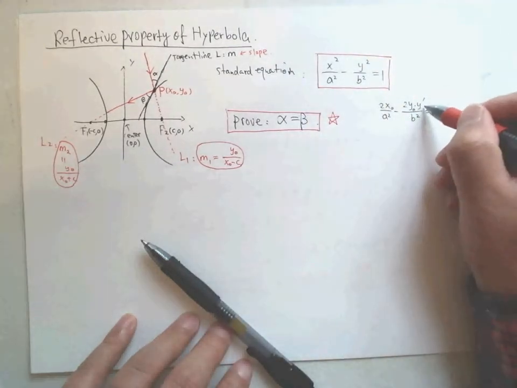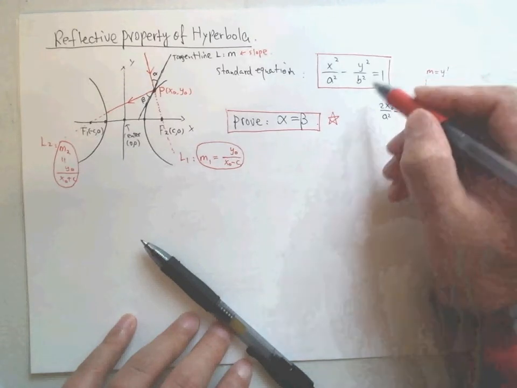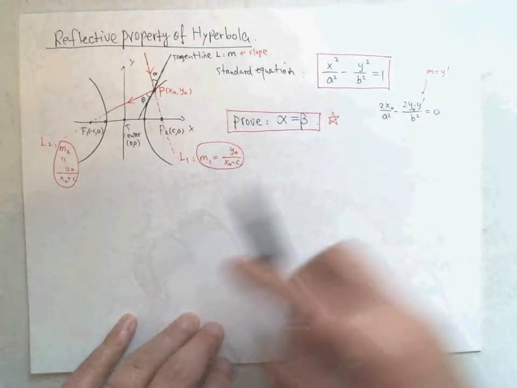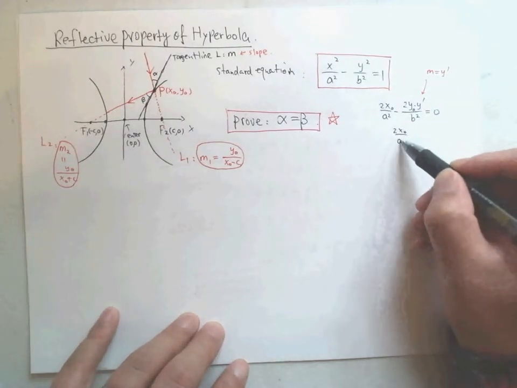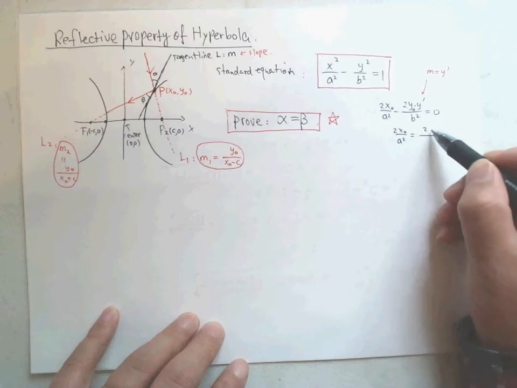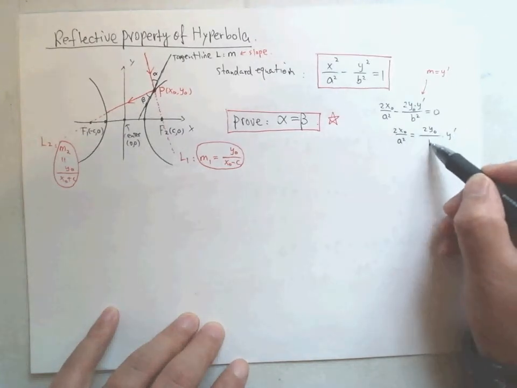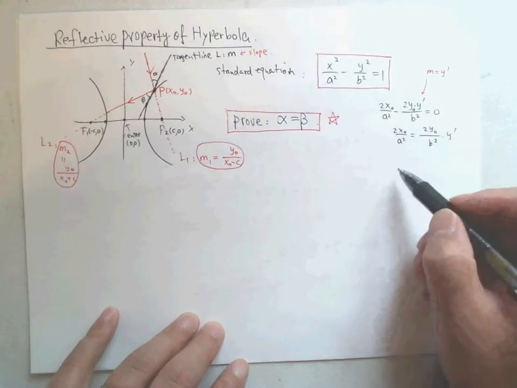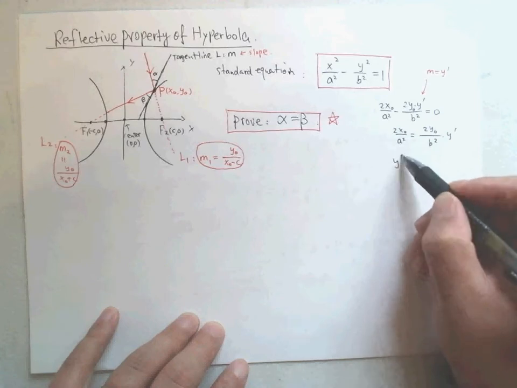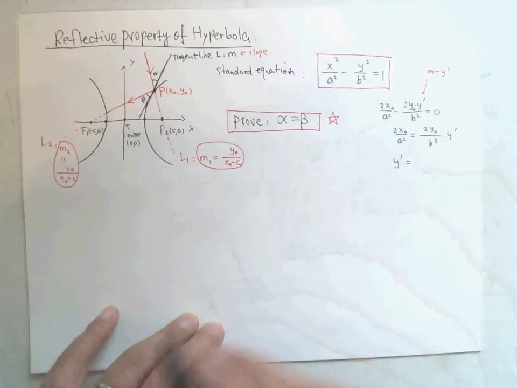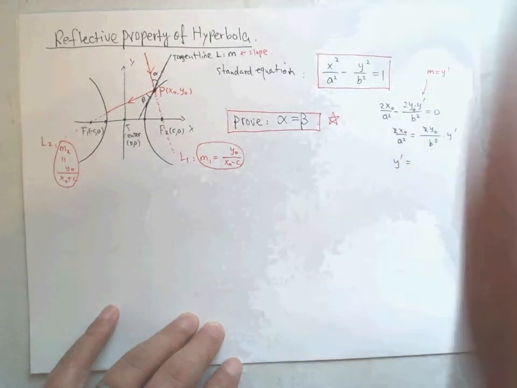So please keep in mind that this m equals this y prime, at this point. All we need to do is solve for this. So we have 2x0 over a squared equals 2y0 times y prime over b squared. Then y prime, I cross-multiply. What do we get? First I cancel the 2s.